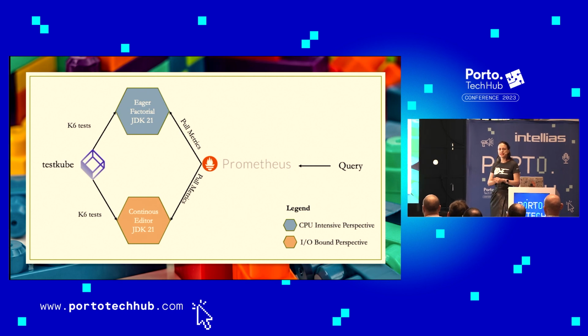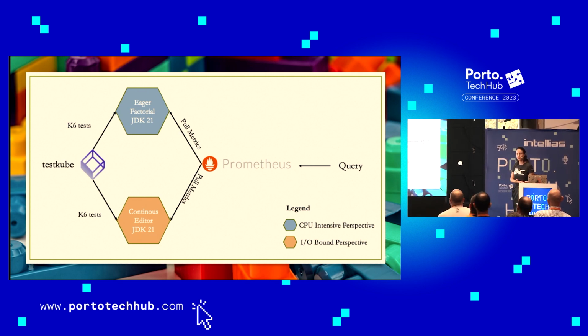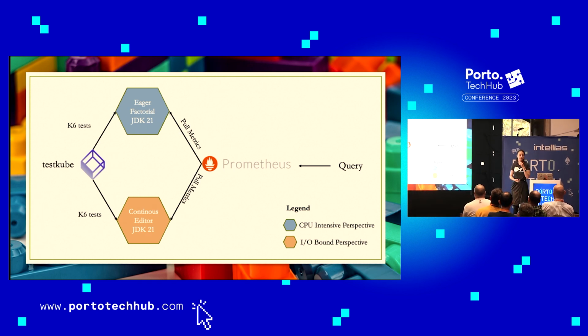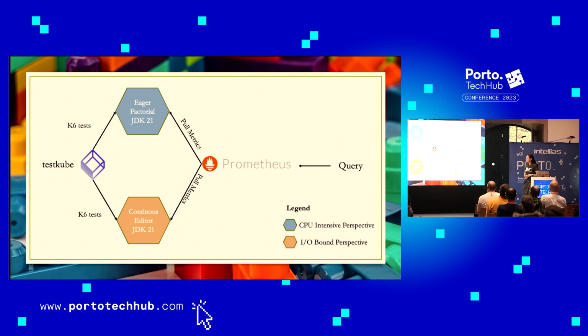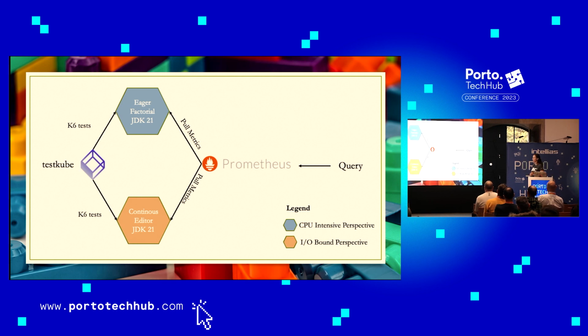Of course, I need to test these, to see how they behave with different garbage collectors. What traits can I improve over time? Since I'm containerizing and deploying them in Kubernetes, I thought to use Testkube for that. Testkube gives me a test orchestration and execution framework for different kinds of tests. So you have a series of tests you can execute against your application.